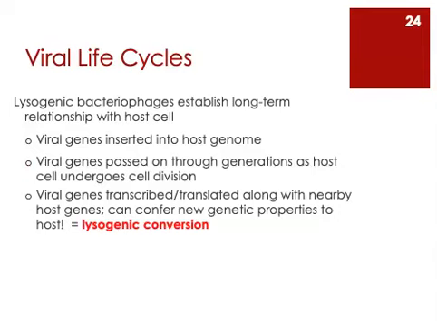Viral genes, in other words, are going to be passed down from parent cell to daughter cell, from generation to generation to generation, as the bacterial cell passes its own genes from generation to generation to generation. Remember, the bacterial cell can't tell viral DNA from its own DNA.